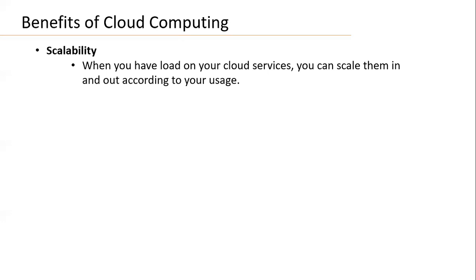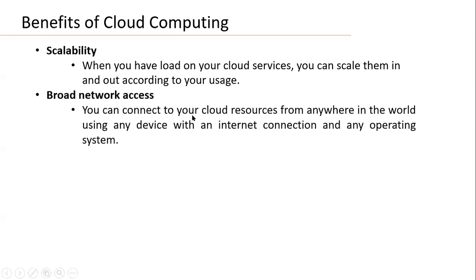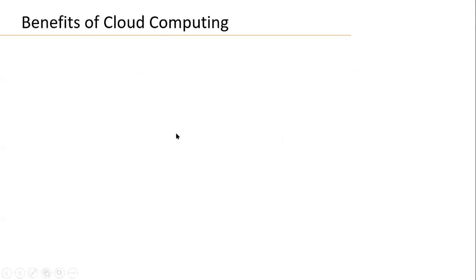Okay, tomorrow we can increase up to 128 GB RAM. Again, we can drop it back to 32 GB RAM if we want. So scalability is one of the major benefits of cloud computing, which we can't see in our on-premises environment. Okay, yes. Broad network access. From anywhere we can access the resources which are there in cloud data centers.